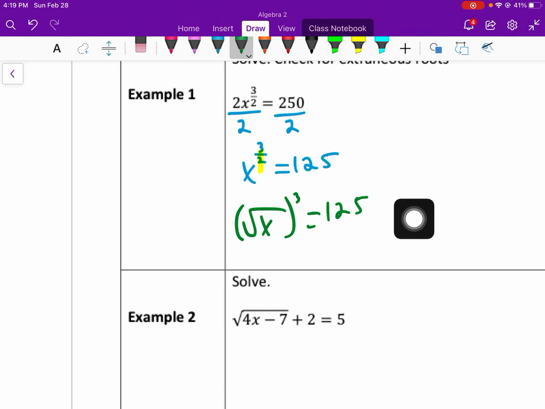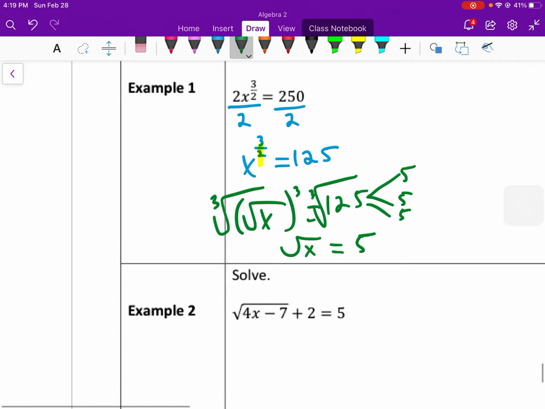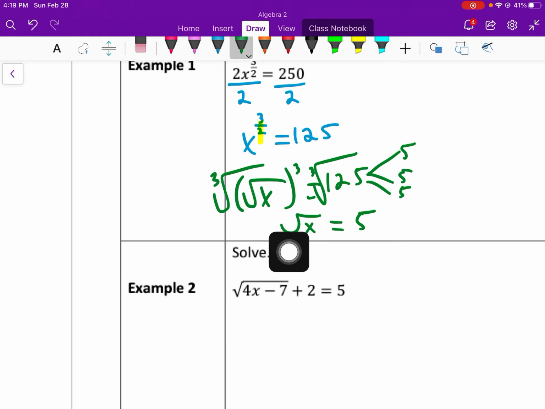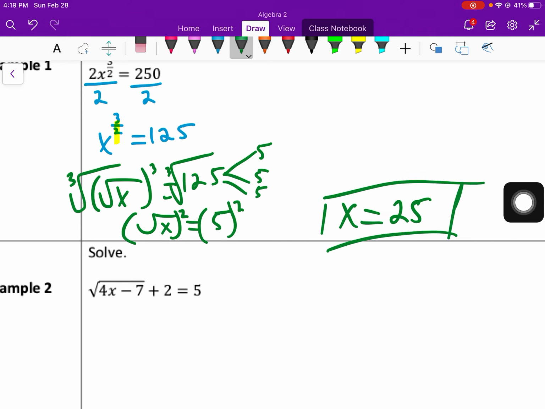So my inverse operation of cubing is the cube root. So the square root of x equals, we want 3 factors, 125 is 5 cubed. Then the inverse operation of square root is to square both sides. So then we have x equals 5 squared, which is 25.